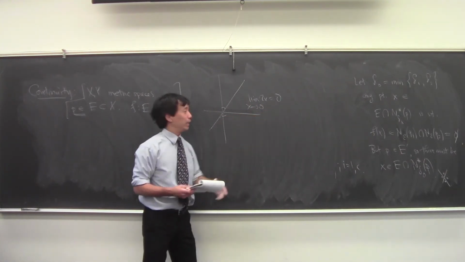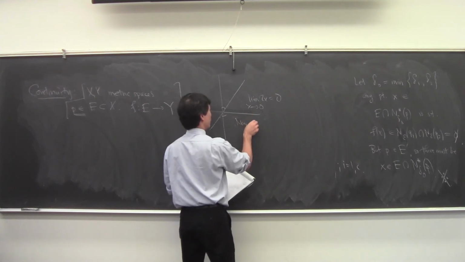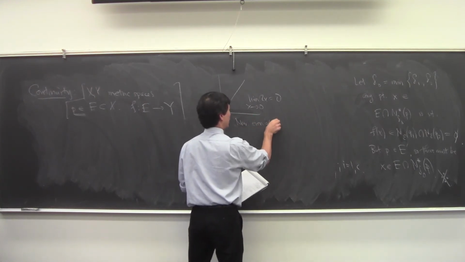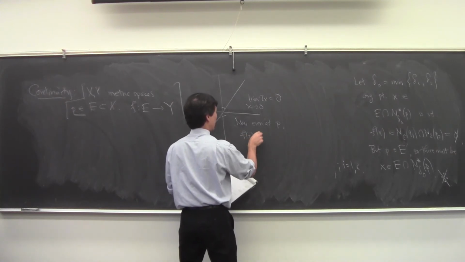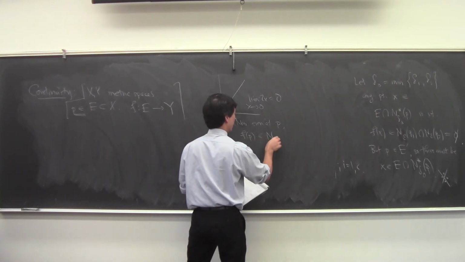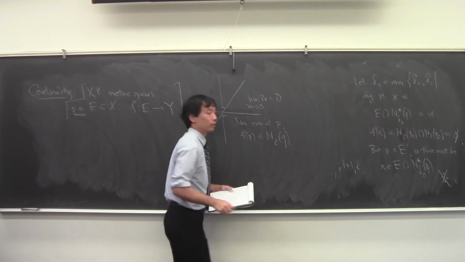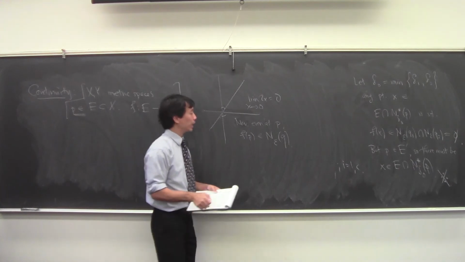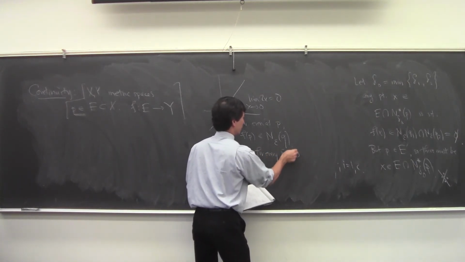So the difference is that now, even at P, the output has to lie in every neighborhood of Q, for every epsilon.